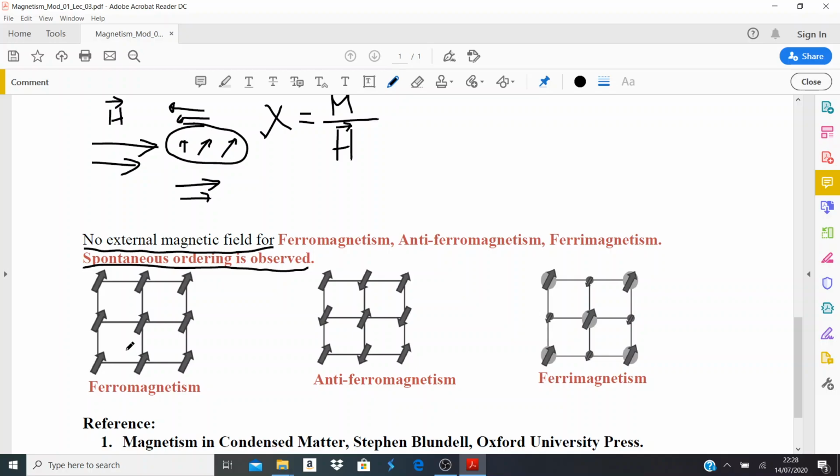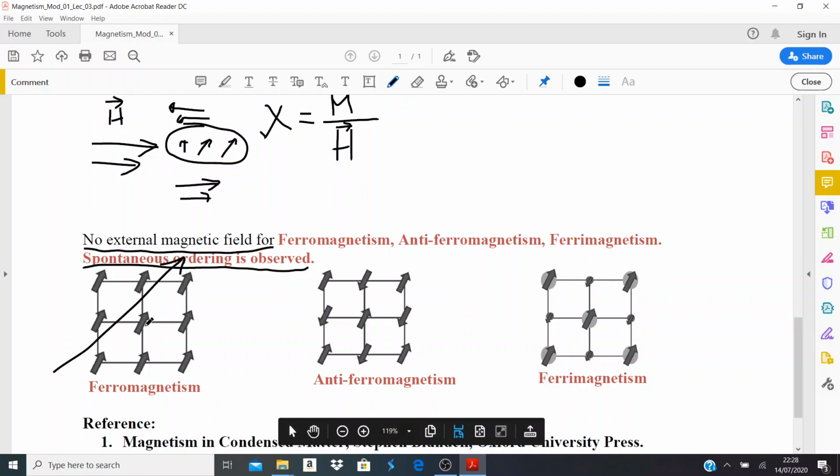And let us assume for some reason all of these moments are aligned with each other. Then you can see the resultant magnetic dipole moment will be enormous, right, in this direction, because they're adding up with each other. So this sort of material, where the magnetic moments align spontaneously in a parallel direction, is called ferromagnetic material.